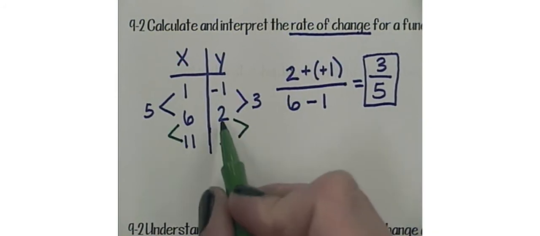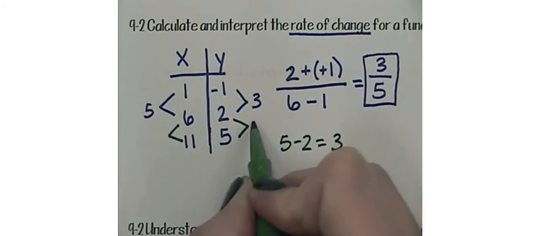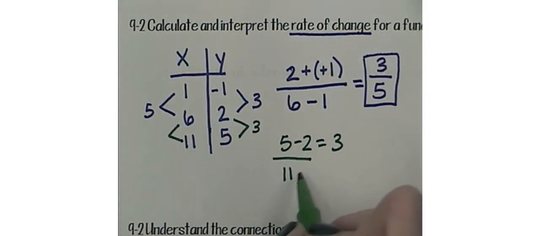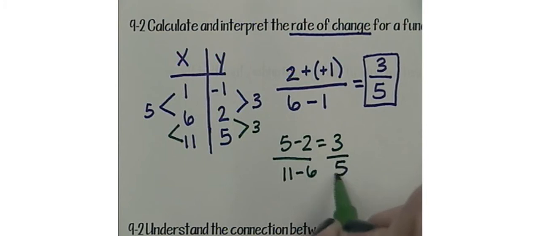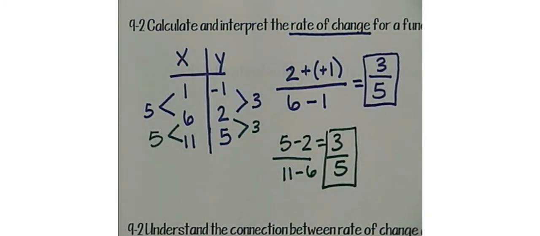What's 5 minus 2? We get 3 again. Or, what's 11 minus 6? We get 5 again. Okay, so again, the slope between any 2 points on the line is the same. So it doesn't matter which 2 you choose.